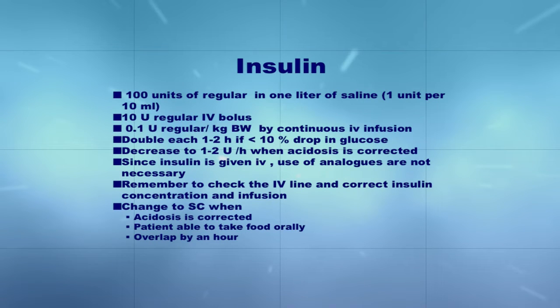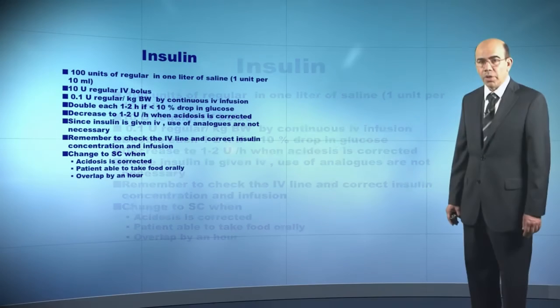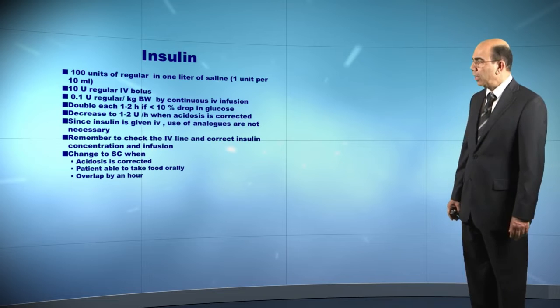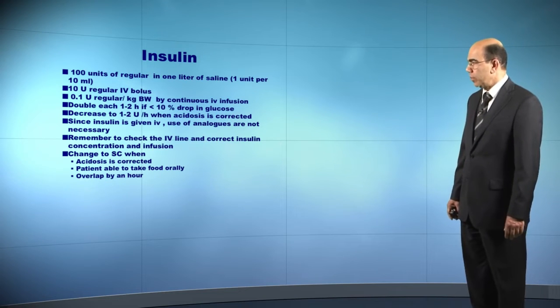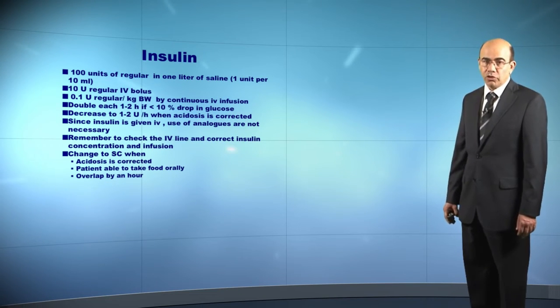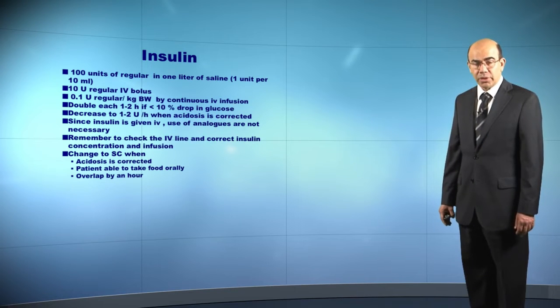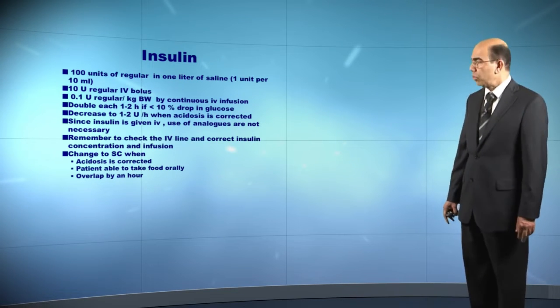As such, I recommend that we give 10 units of regular insulin IV as a bolus, since this is very easy to administer quickly and available in the emergency room, while awaiting insulin infusion, which again should be 100 units in 1 liter of saline, giving you a concentration of 1 unit per 10 ml. This concentration is easy to follow by the nursing staff.